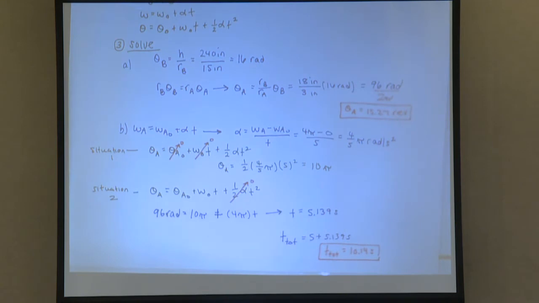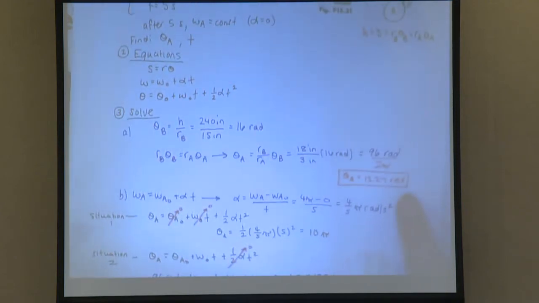Any questions about this one? How did you obtain theta A again? Before the initial? For this one?